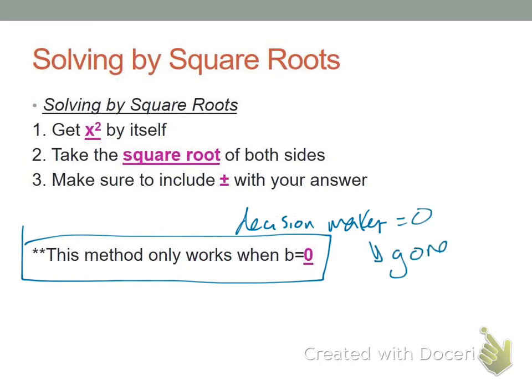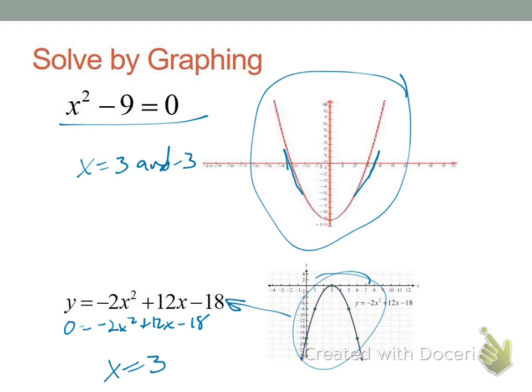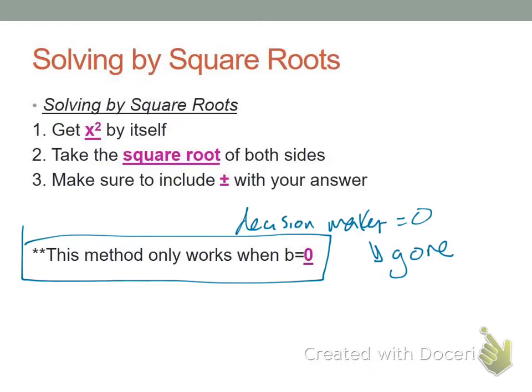If the decision maker is not in the equation, then we can use this square root method, right? For example, this guy right here. The decision maker is not there. It's supposed to be the guy in the middle, right? The decision maker is not there, which means that the decision maker is 0. If that's the case, then we can use this method for solving.